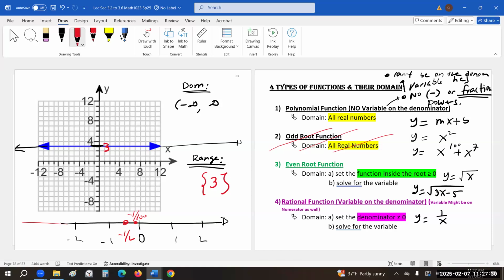0. We notice positive exists, negative exists, but what if we say x is 0? Then we get 1 over 0. What is 1 over 0? It doesn't exist.